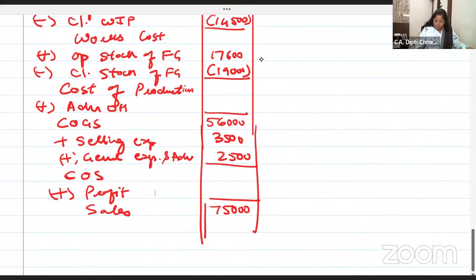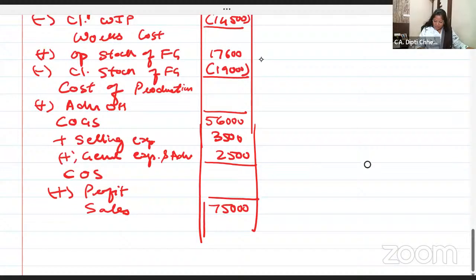So if cost of goods sold is 56,000 excluding the general expenses, now if you add that, can you complete this? 59, 61 and 62,000. You can put an arrow mark like this in exam so that they come to know what you are doing. Next, 62, 72, 75.